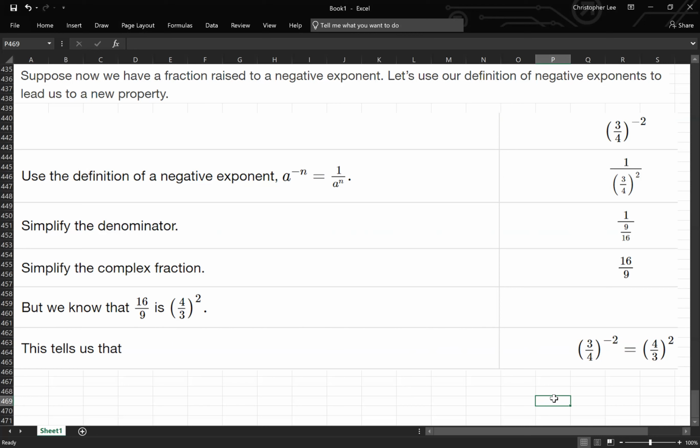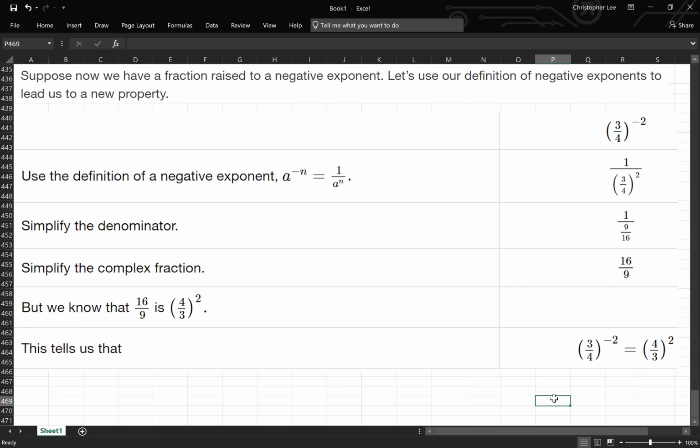But we know that 16 over 9 is the same as 4 to the second power over 3 to the second, right? So this tells us that 3 over 4 to the negative 2 power is the same as 4 over 3 to the 2 power. So long story short, you have a fraction raised to a negative power. You flip the fraction on the inside, change the power positive, and then it works.